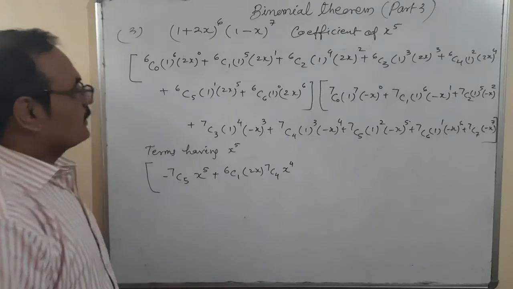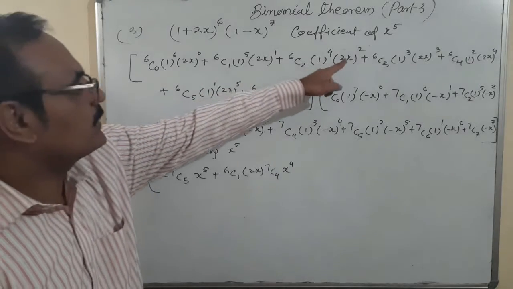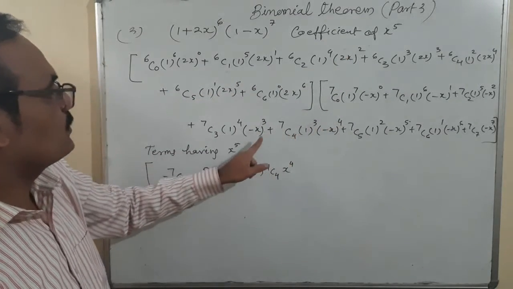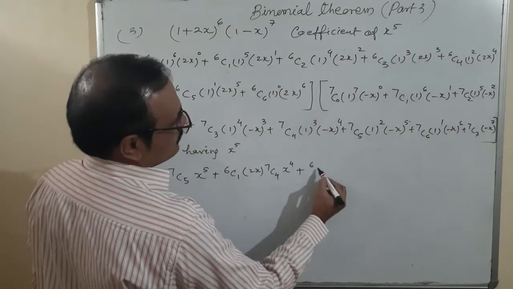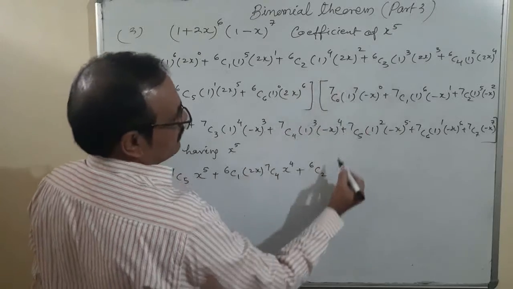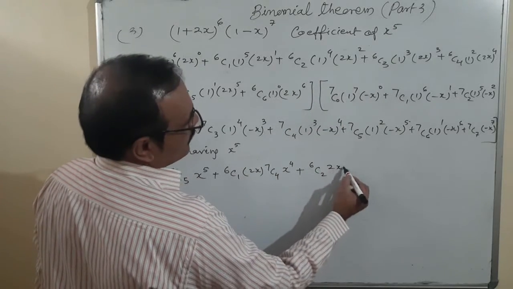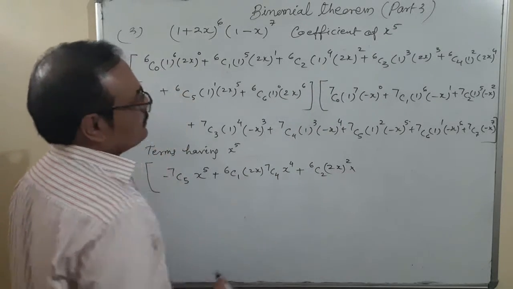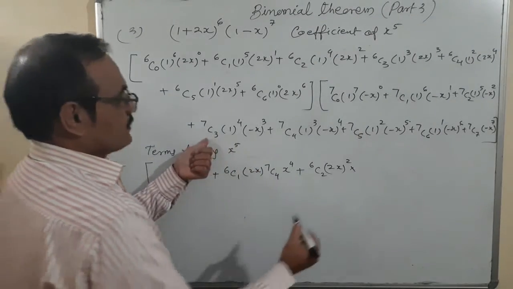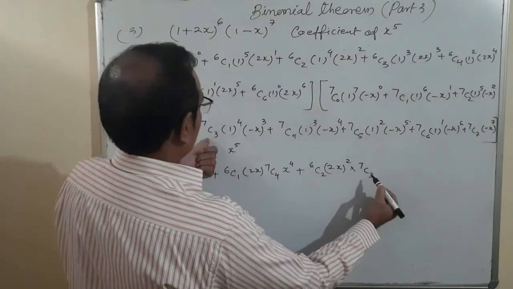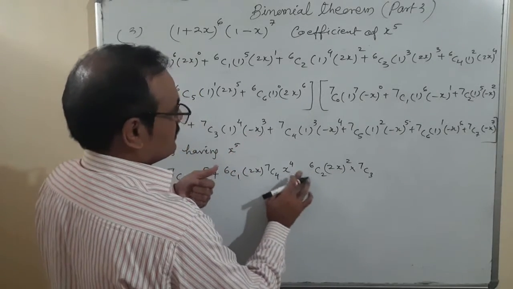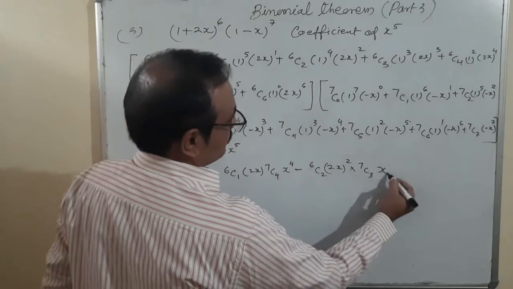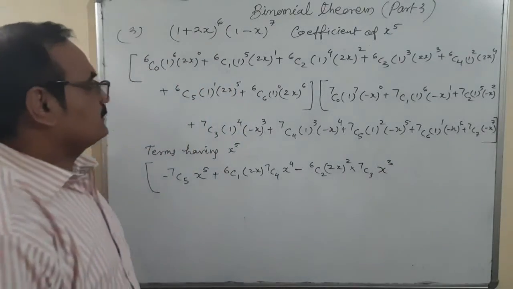Okay. Next term will multiply x square by x cube here. So plus 6C2, 1, 2x whole square, and multiplied by 7C3, 1 to the power 4, that is 1, minus sign may I write here outside, this is minus x cube. Okay.